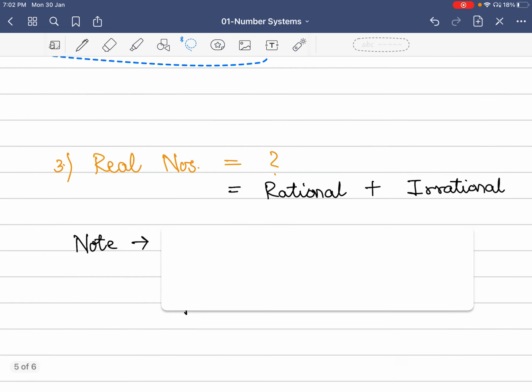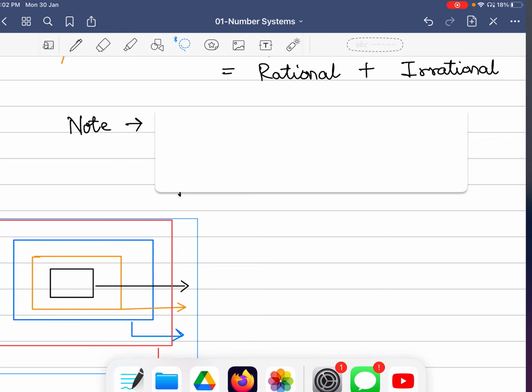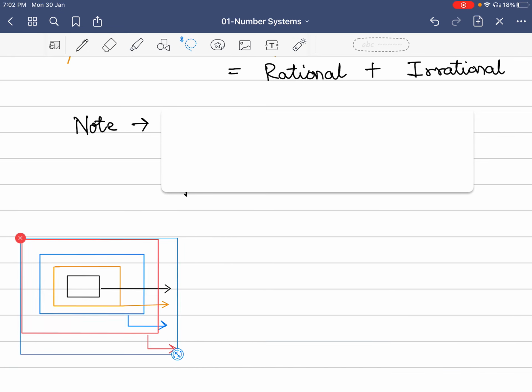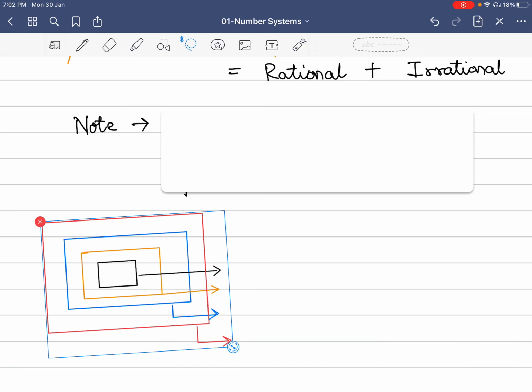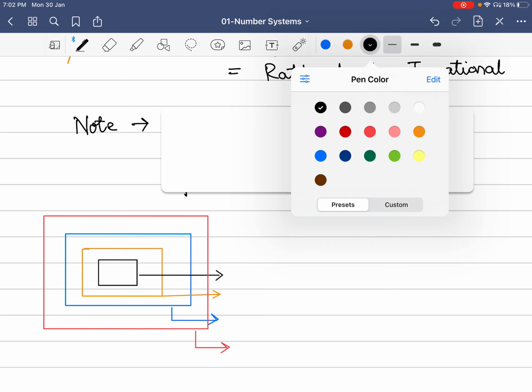Let's paste it here. We know the red box is the whole set of rational numbers. Now to represent irrational numbers, let's take a different color.